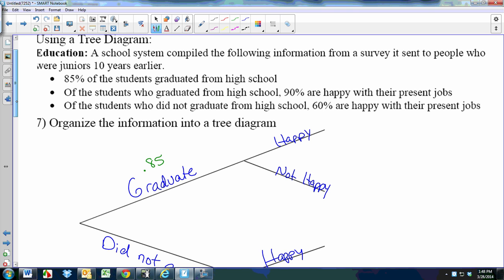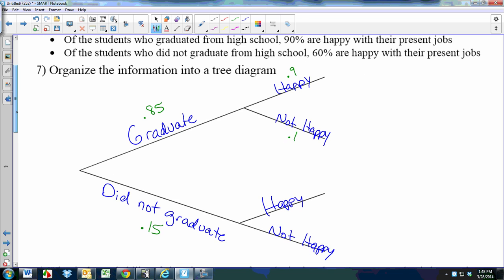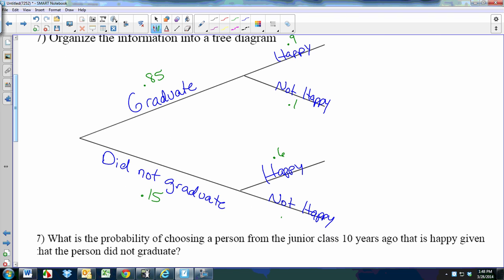The next bullet of the information said that of those who graduated, 90% are happy. So that's 0.9, which would mean 0.1, 10%, are not happy. And then the last bullet, of those who didn't graduate, 60% are happy. So the 0.6 would go there. The leftovers, 0.4, here. All right, perfect.